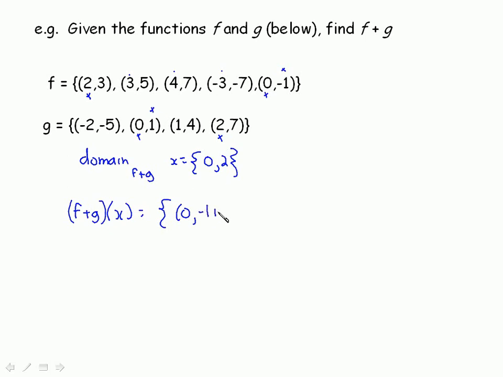So it becomes negative 1 plus 1. So we add them together. And then for x is 2, we note that y is 3 for the f function, and we add it to y is 7 on the other one. So we do whatever the operation tells us to do, which in this case is add. And it would therefore mean that the ordered pairs are 0, 0, and 2, 10.